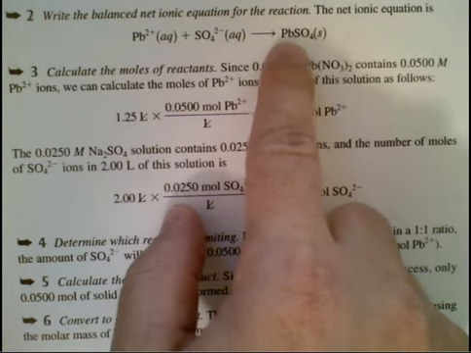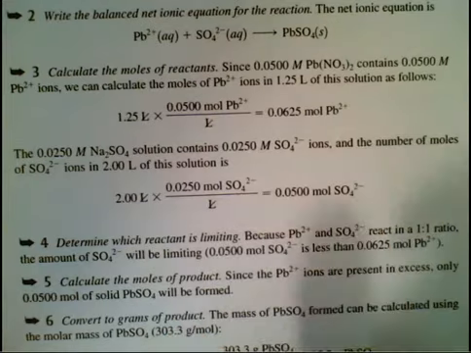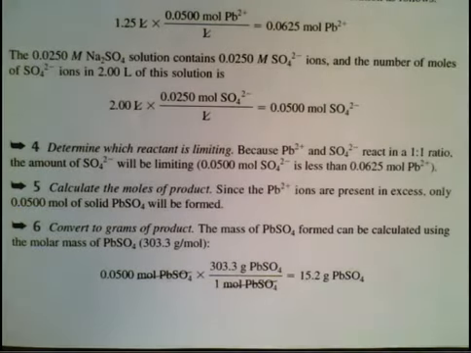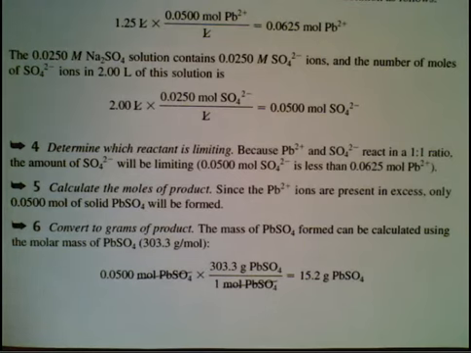So how much of this lead sulfate can we actually make from this amount of lead and this amount of sulfate? Because lead plus 2 and sulfate minus 2 react at a 1-to-1 ratio, according to that net ionic equation that you've already made, the amount of sulfate will be limiting because 0.0500 moles of sulfate is less than 0.0625 moles of lead. That's not that complicated.